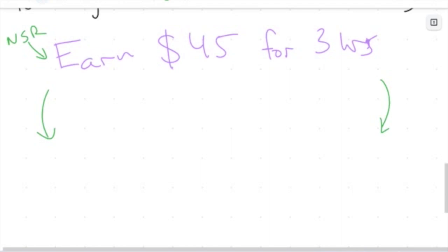So if someone makes $45 for 3 hours, to find how much they made in 1 hour, we're going to just divide both of these by 3, because that's going to tell us how much I get in 1 hour or per hour.